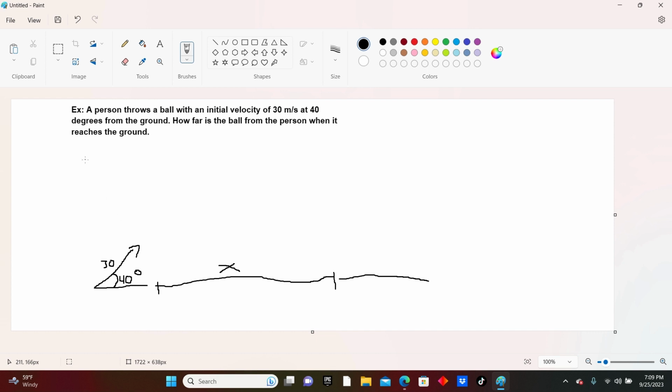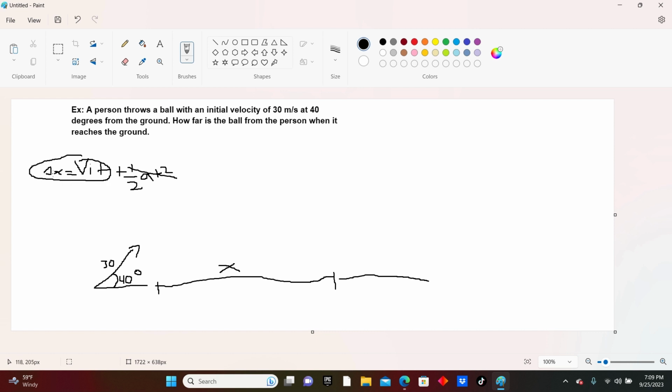If we take the horizontal component, remember how we said that we neglect air resistance? So that means velocity is constant. So delta x equals Vit in the x direction plus 1/2 at squared. This portion cancels out, so our delta x is simply equal to Vit.